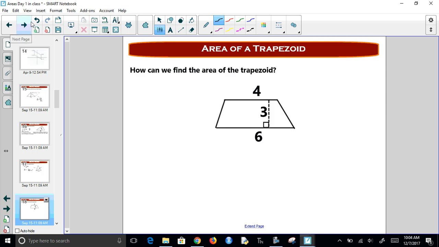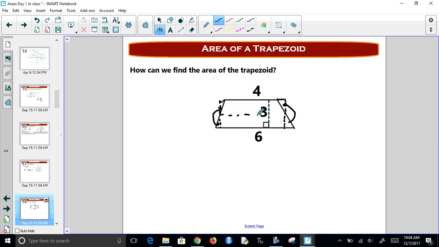How do we find the area of a trapezoid? There are two good ways that I can explain where this formula comes from. One of them is to make a rectangle again. If I make a rectangle here, this piece can go up there, this piece can go up there.